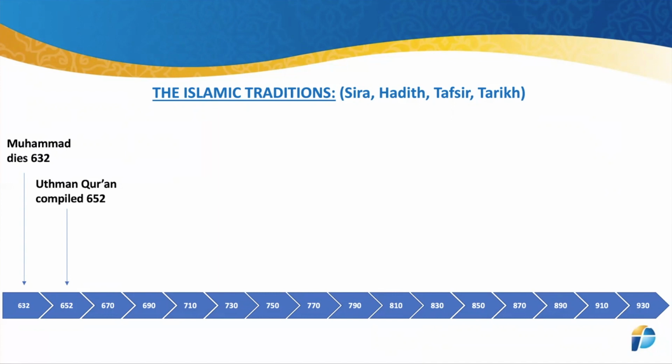The problem is this. Here is the same problem we've just been looking at when you come to the Qira'at writings. Because the Sirah did not exist at all at the time of Muhammad. The Sirah was first written down by Ibn Hisham. He died in 833. Now, Ibn Ishaq is credited with first writing the Sirah down, but we don't have any of Ibn Ishaq's material.